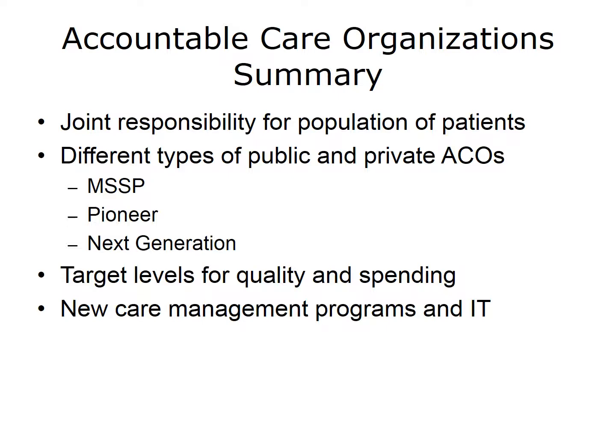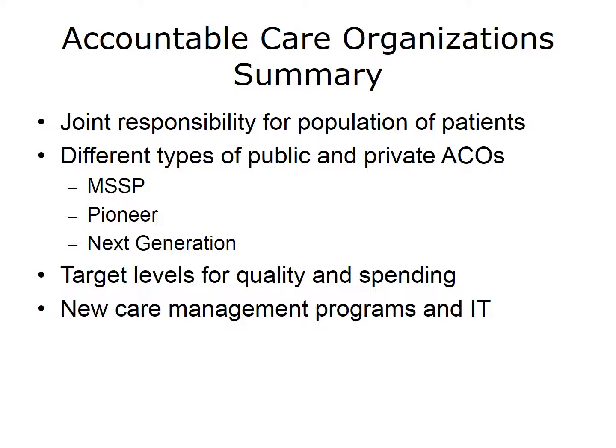This concludes Lecture B, Accountable Care Organizations. In summary, an ACO is a group of providers that are jointly responsible for the health care spending and quality of a particular population of patients. There are multiple types of public and private sector ACOs.